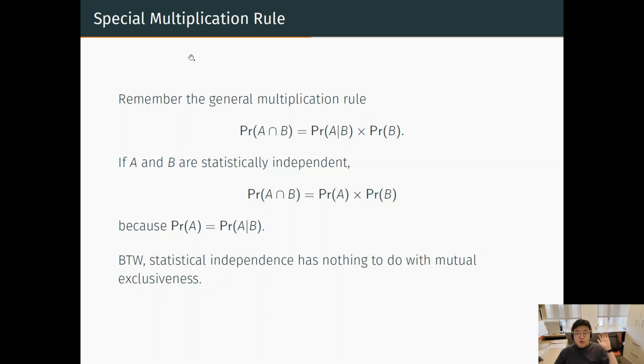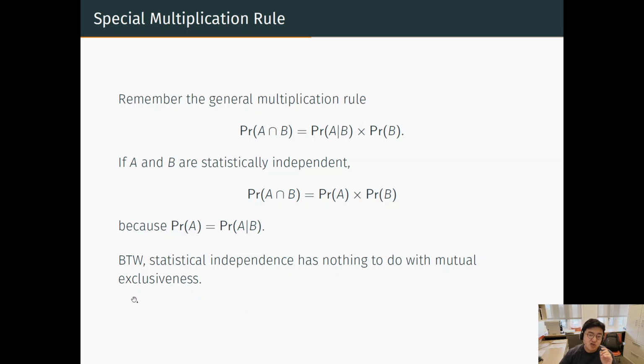By the way, to understand this, you can think about the special addition rule in chapter 1. Near the end of chapter 1, I introduced the special addition rule, where the probability of a union is the sum of two simple probabilities under a very special condition. The special condition was mutual exclusiveness, right?